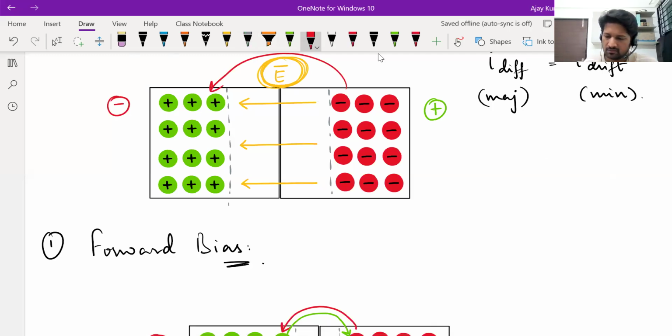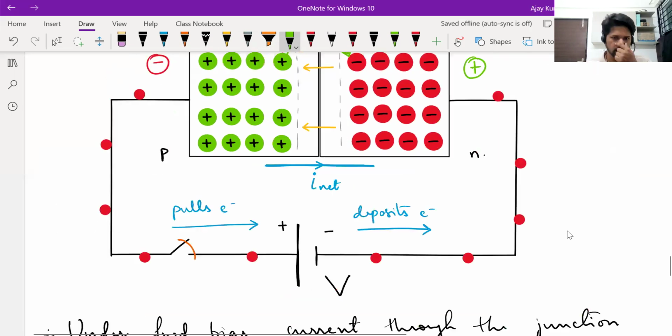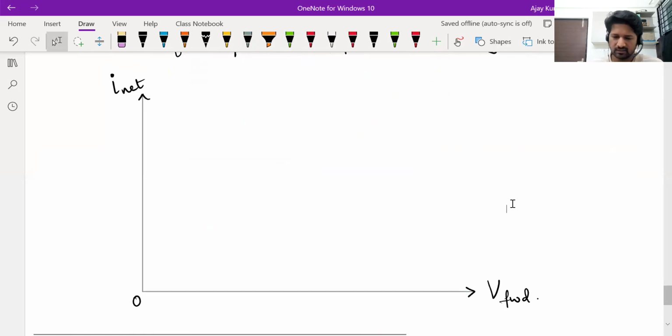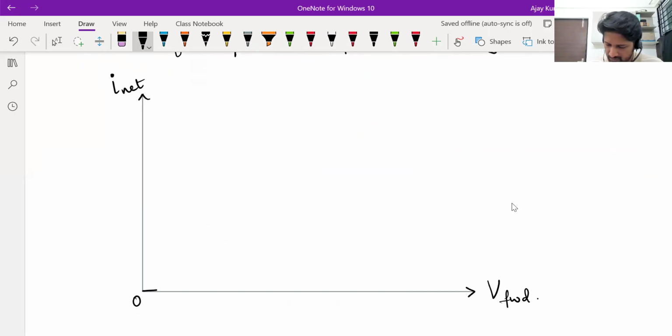For current to be significant, there must be a lot of electrons diffusing from N to P and a lot of holes diffusing from P to N. For that to happen, the electric field should decrease significantly. So, for small values of forward bias voltage, you won't see much current through the junction. It will be very small. But when the electric field decreases significantly, you will see a significant rise in the current.